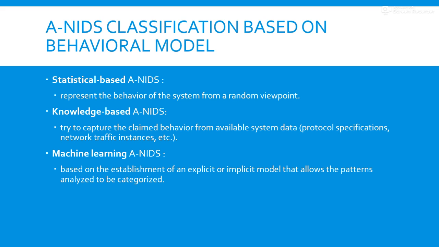Then comes knowledge based or rule based IDS. In rule based IDS, a profile is built by defining rules to define normal user behavior. So you must create rules that define normal user activity, and these rules are created by sampling computer and network activity for a given amount of time.